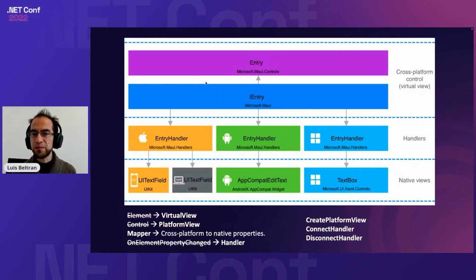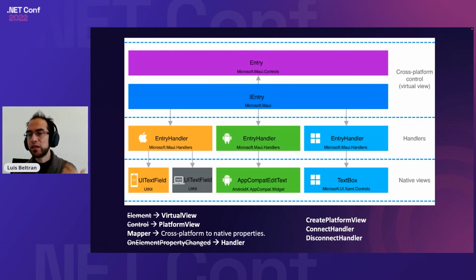Just as a summary or introduction, handlers are used to customize the appearance and also the behavior of a cross-platform control by using the native API of the control. And this customization is achieved by modifying a mapper for the handler.